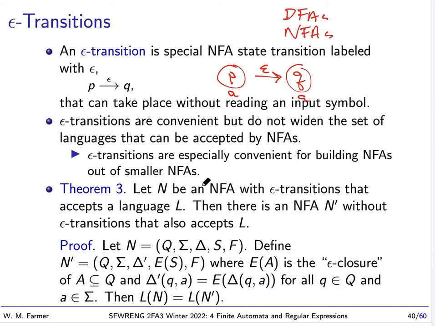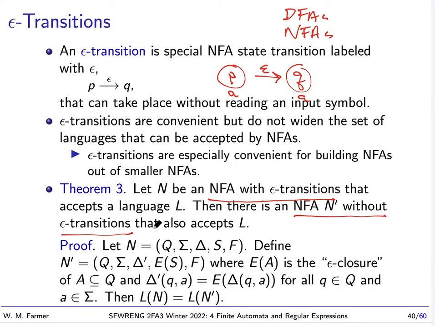And it turns out that if N is an NFA with epsilon transitions, then there's an NFA N prime without epsilon transitions that accepts the same language as N. Epsilon transitions do not allow us to accept more strings or accept more languages.